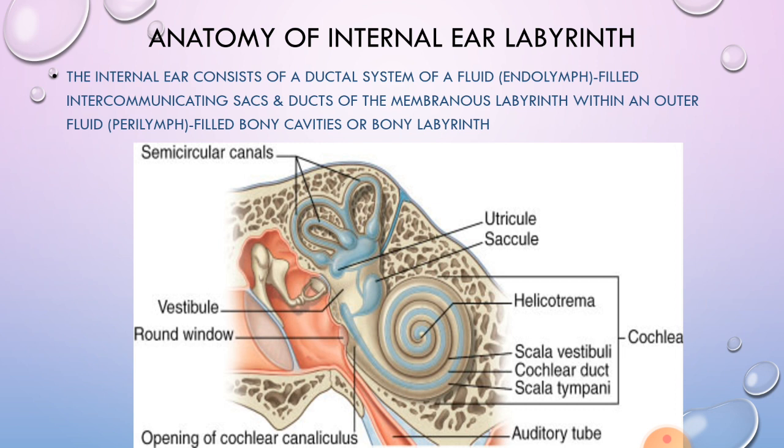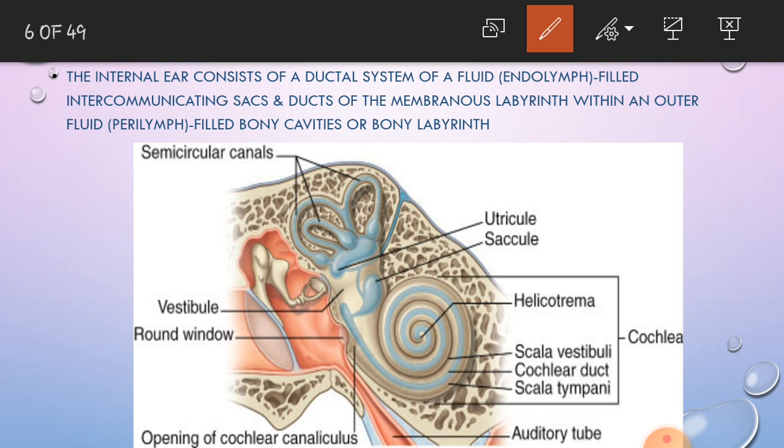Now, if you have a look at this diagram, you can see that in the petrous temporal bone, this bone is the bony labyrinth. It has different parts we're going to discuss in the next slides.